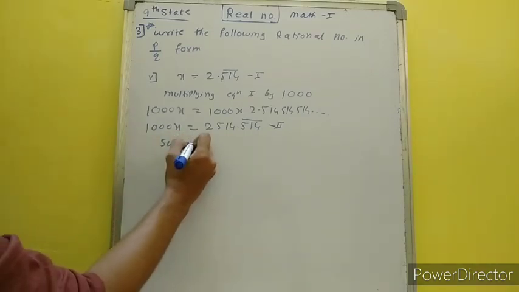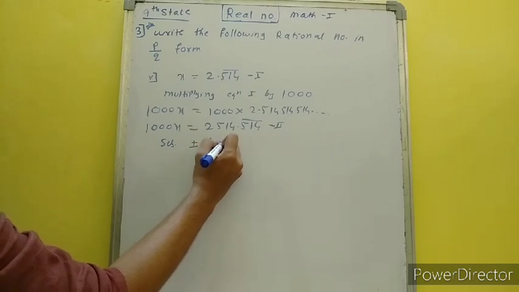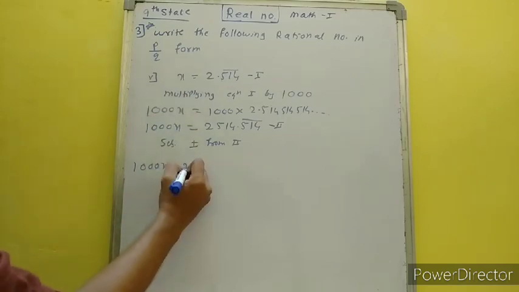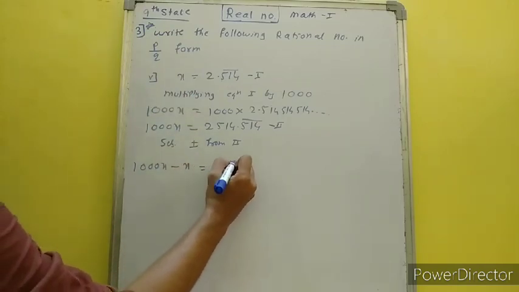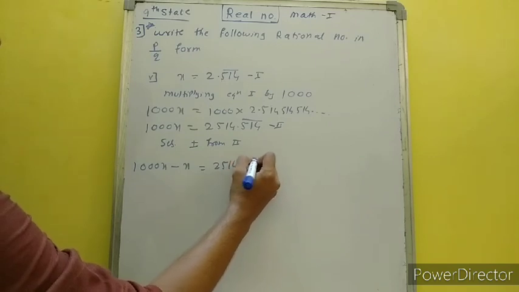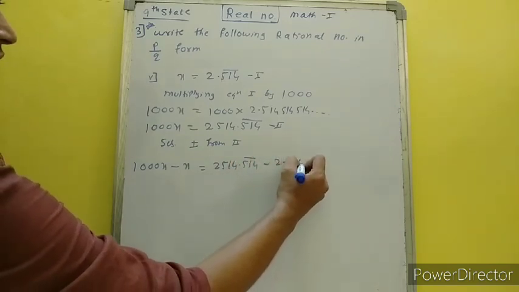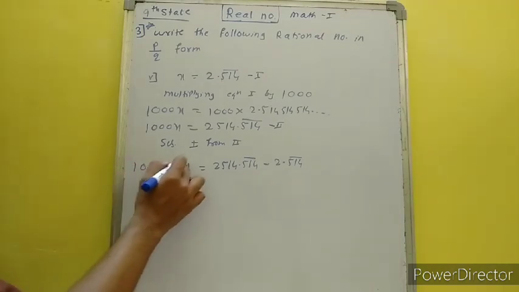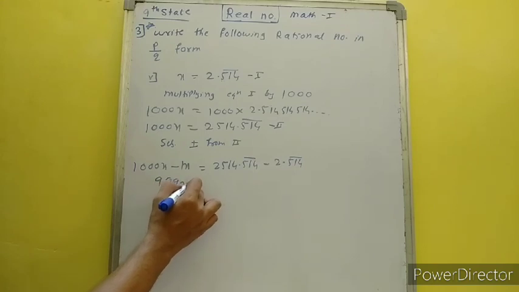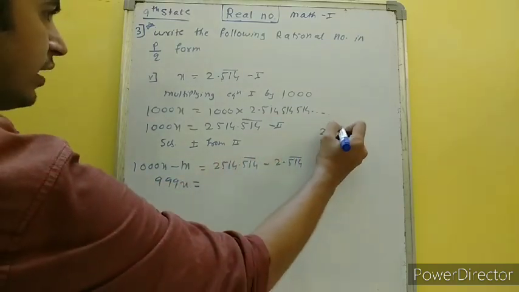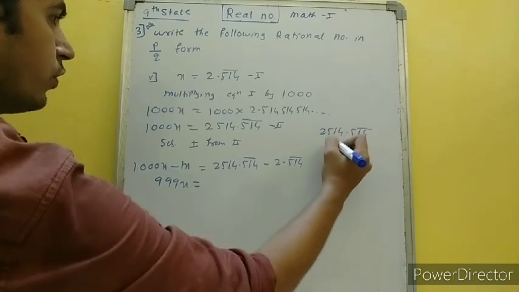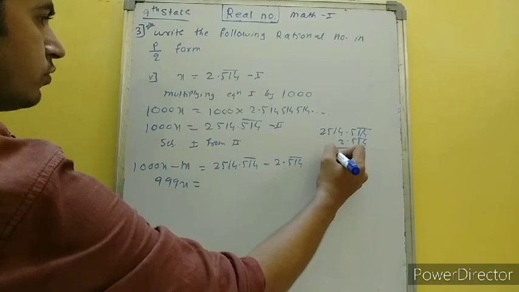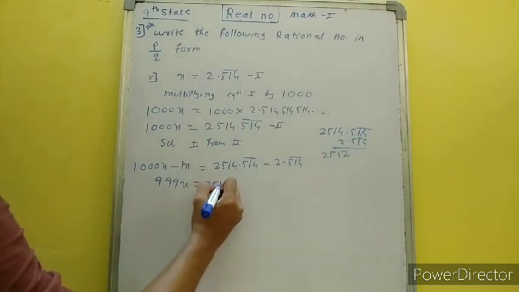So subtracting 1 from 2, it is 1000x minus x, and 2514.514 recurring minus 2.514 recurring. So 1000 minus 1 is 999x, and 2514.514 minus 2.514 gets cancelled, leaving 2512.